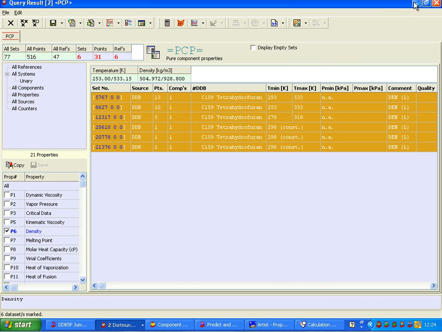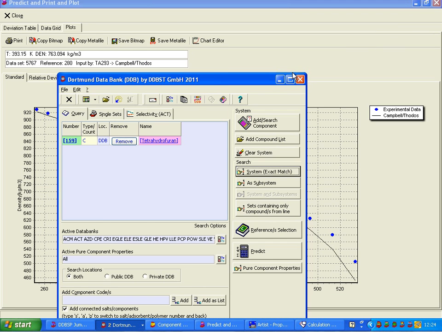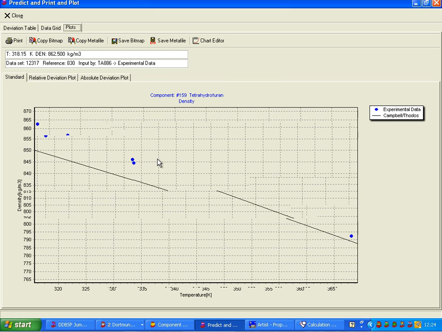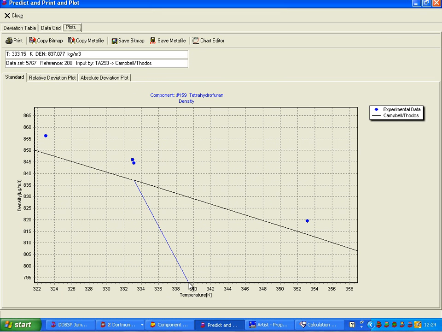And 339.12 is somewhere here in this range. There's a gap in the data, so I zoom in. 339.12 is somewhere here, so we would be somewhere here, which is about, when we look on the left side, 837 kilograms per cubic meter.